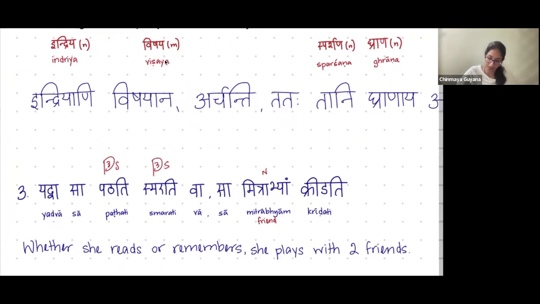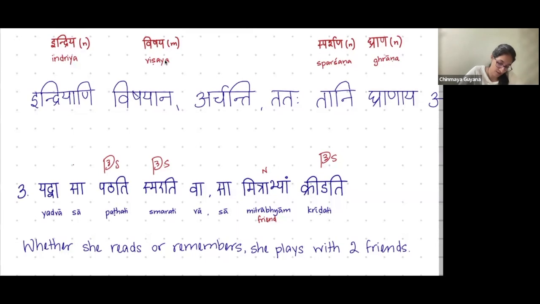And kridati, 3 verbs. Third person singular. So we're looking for a third person singular subject for each of them. So you read, what is on the subjects we can see are sa, first case singular, feminine. First case singular, feminine.